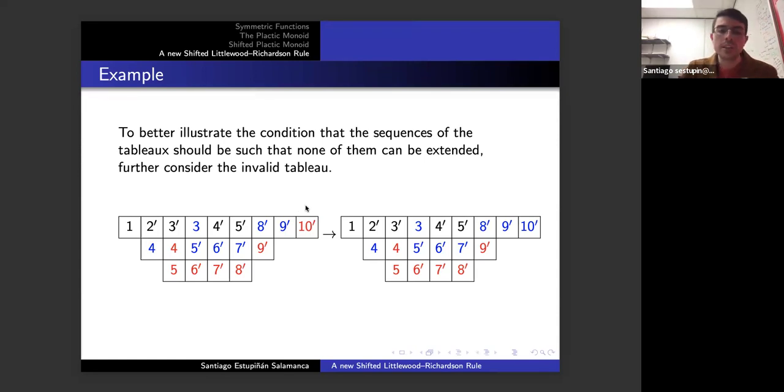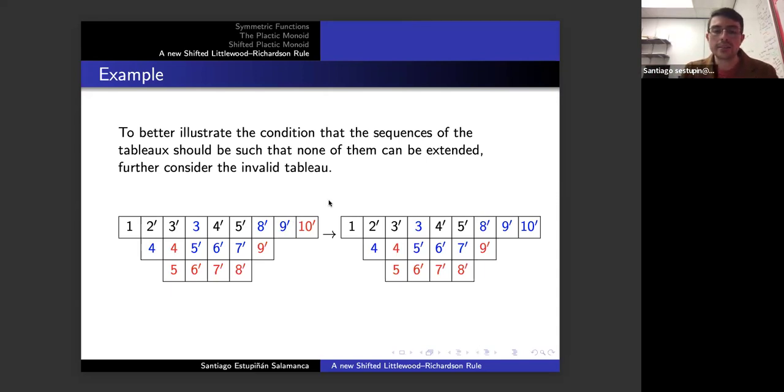So basically, if you start at the biggest element of the last sequence to be constructed, and you go back by columns and then by rows, you should not be able to use elements from a previous sequence that are immediately below those elements.